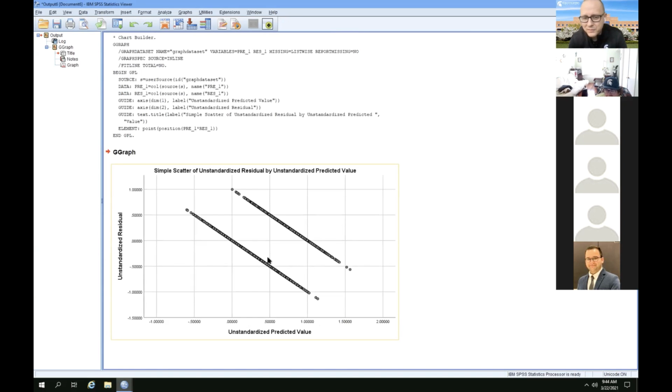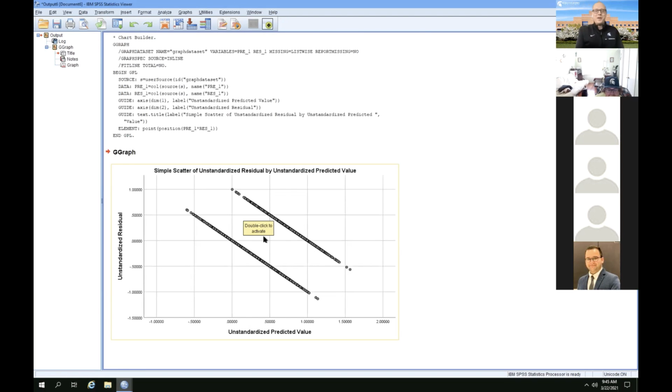Starting with the variances, do we have any concerns with the variances here? I would say we have absolutely zero concern with the variance. These are perfectly homoscedastic.